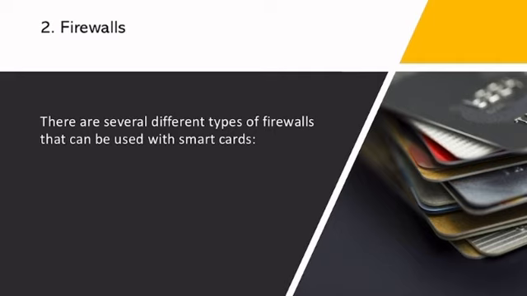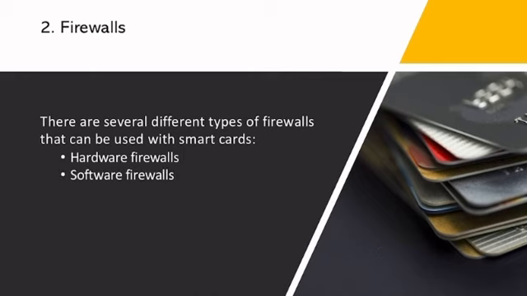There are several different types of firewalls that can be used with a smart card. First, hardware firewalls are physical devices that are installed between the network and the internet, and they can be configured to block or allow traffic based on specific rules.